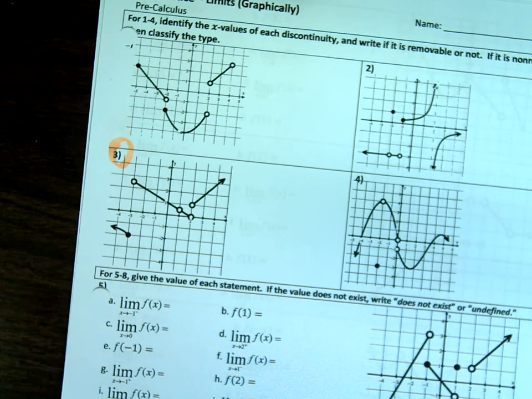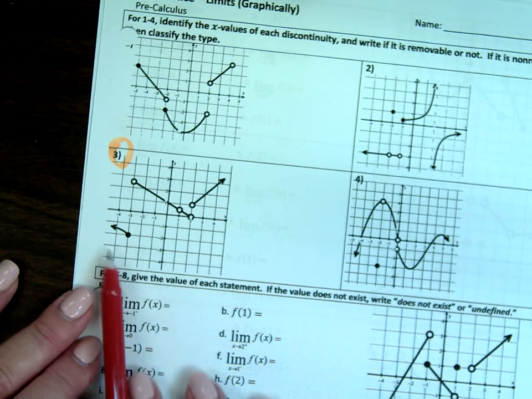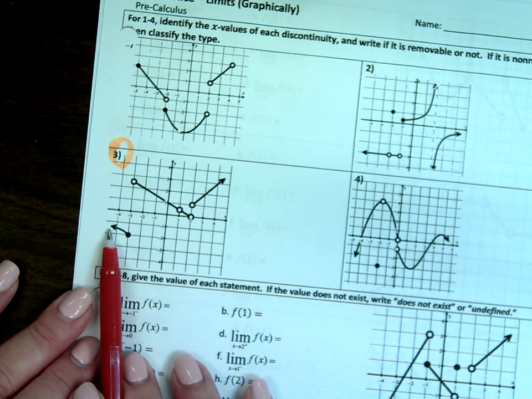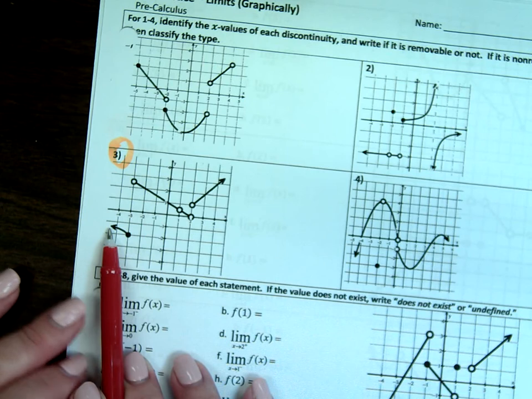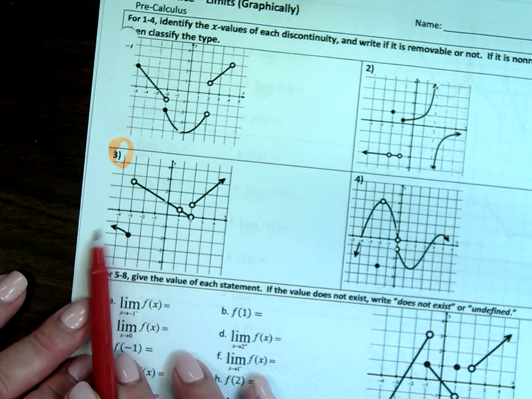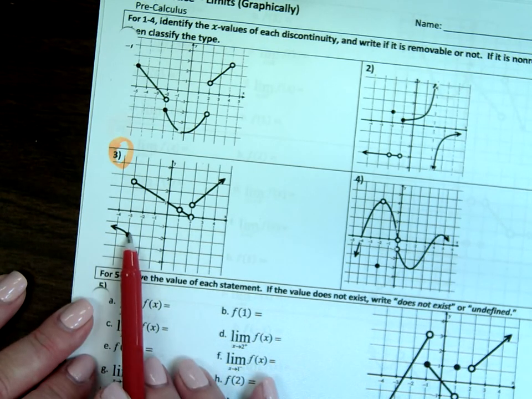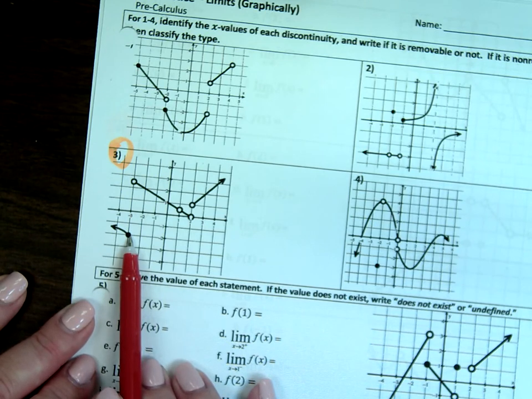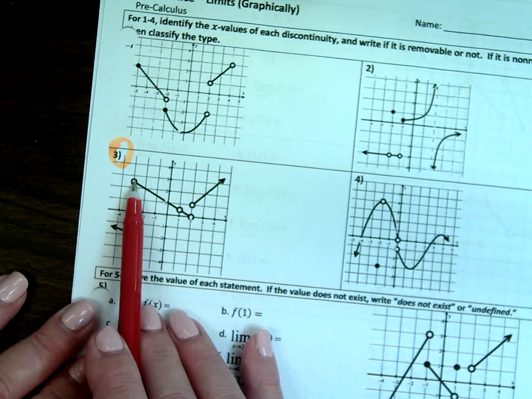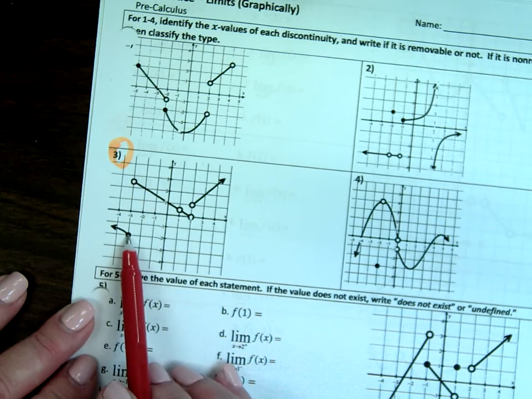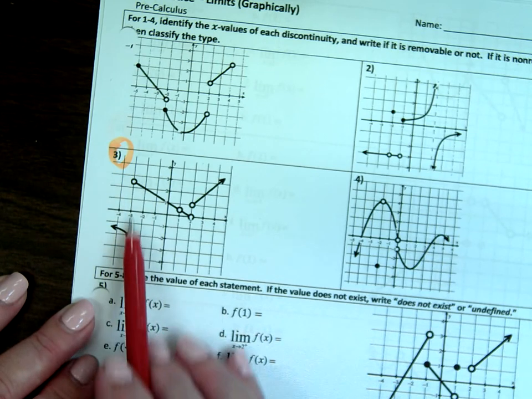Here goes. Number 3. So you're skating along the graph, and you're looking for the first thing where you have to pick up your pencil, right? So I'm looking at this. It goes to negative infinity this way, comes here, and then I stop. And then in order to continue on the graph, going from left to right, I've got to jump up to this place here. So is it just a quick hole that I can plug, or is it something that I've got to navigate over? And it's obviously going to be a big gap between the 2 things.